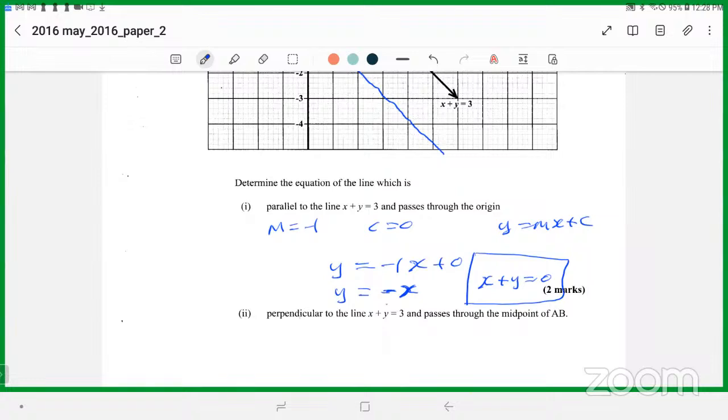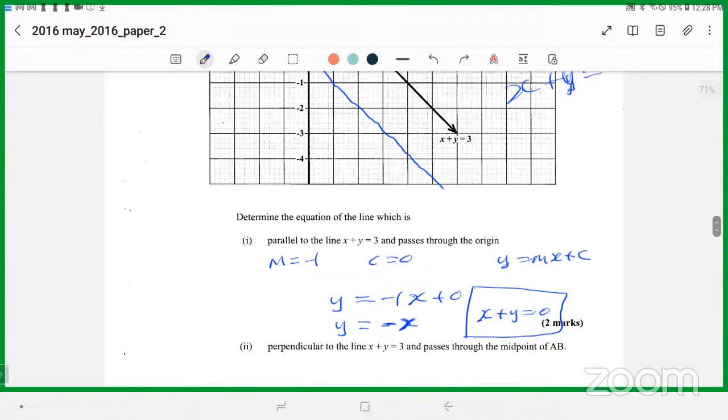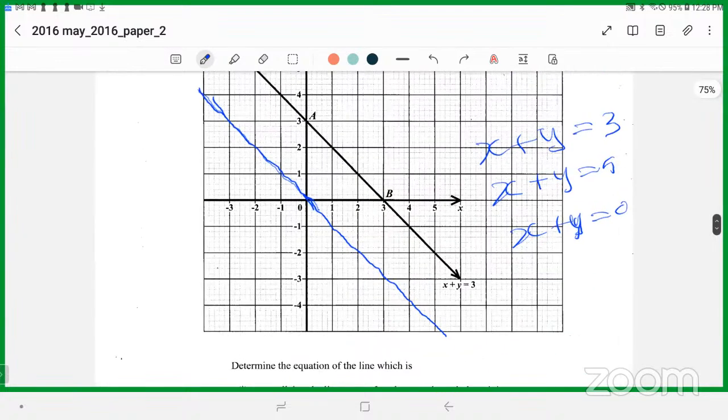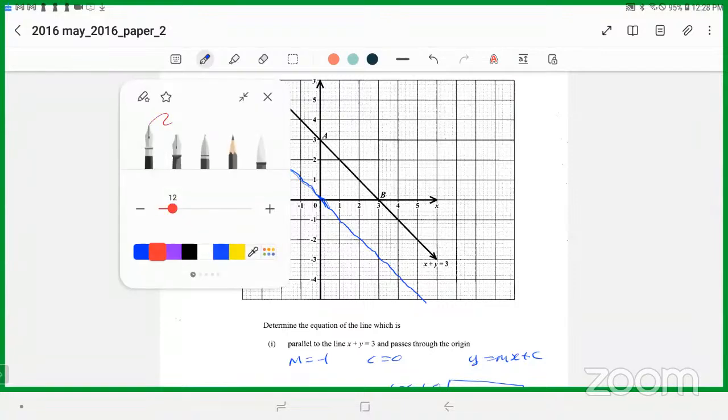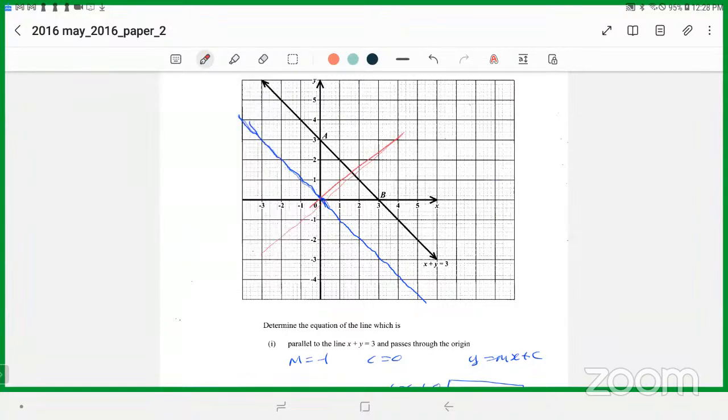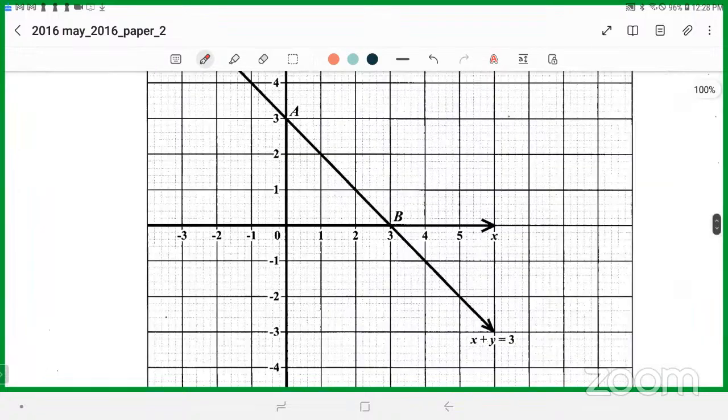Then the one that is perpendicular to it and also passes through the midpoint of AB. That line that we want next passes through the midpoint of AB. So it's actually going to be this line, y equals x. You can literally just see it has to be that line, but let's work it out. So it passes through the midpoint of AB.